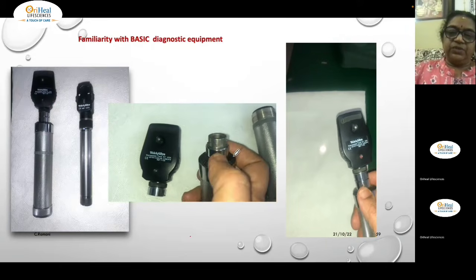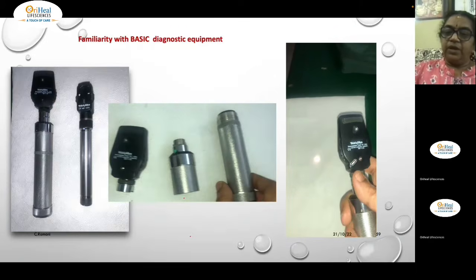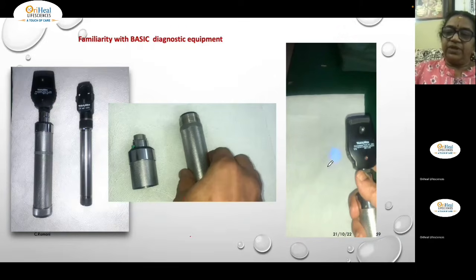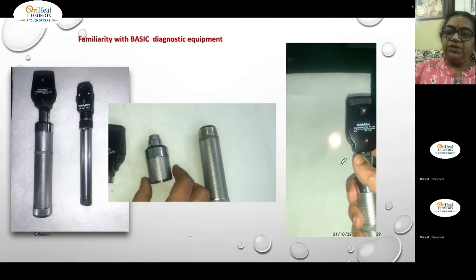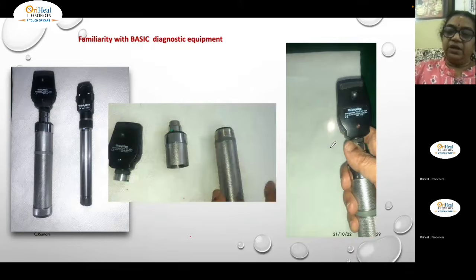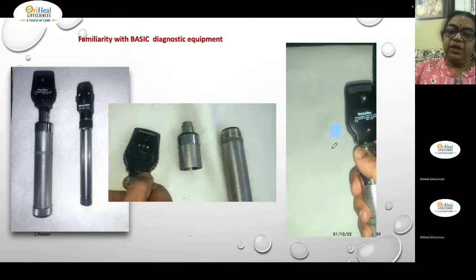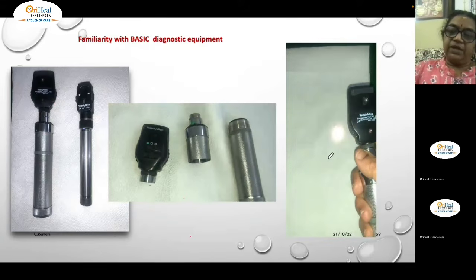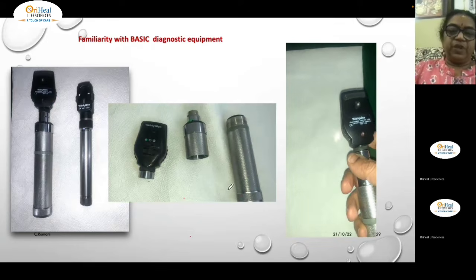And this is the main switch, with the help of which you can switch on the direct ophthalmoscope. There are also filters like this. With the help of that, you will be able to use the amber colored filter, green filter, or blue filter, etc. You can also reduce the aperture size if you want to examine a lab animal or an adult animal or a cow. Accordingly, you can reduce the aperture.